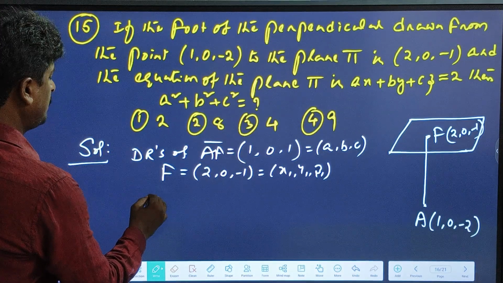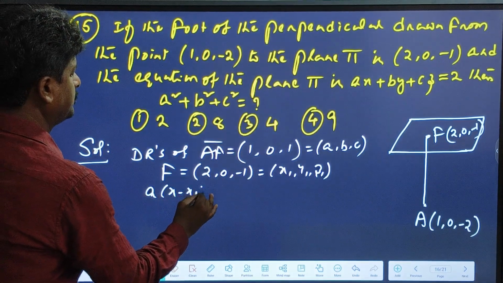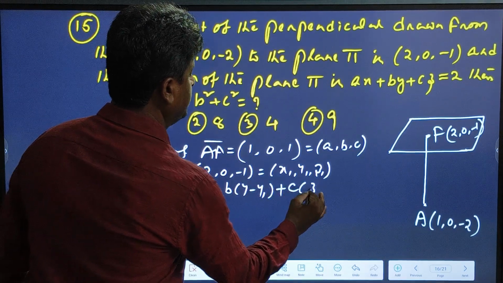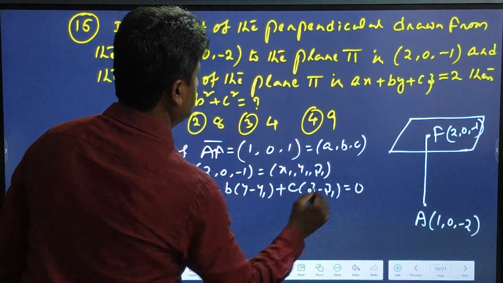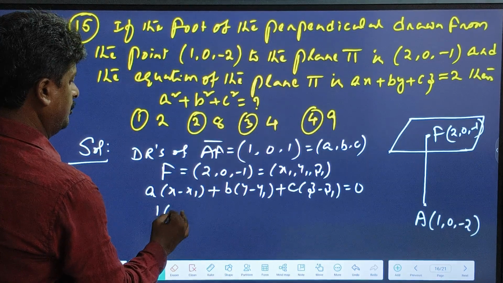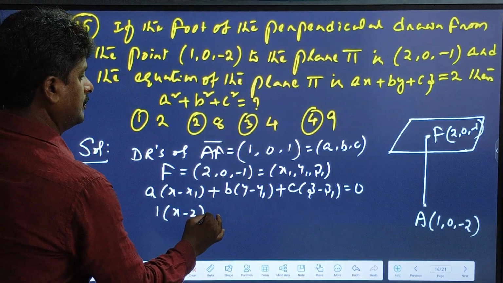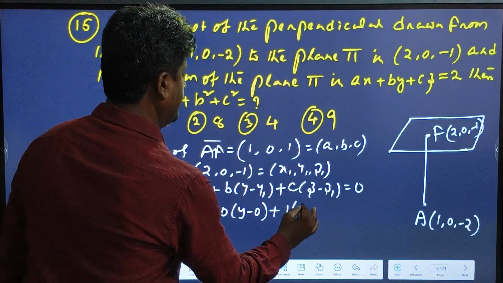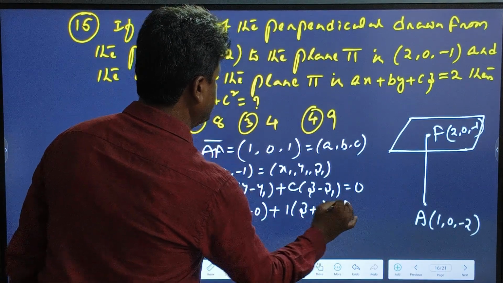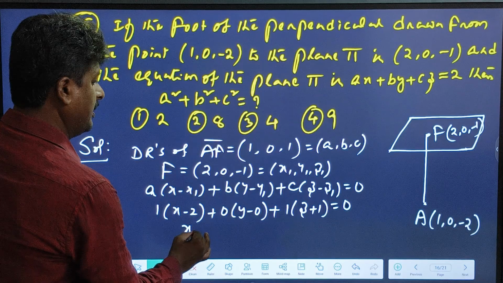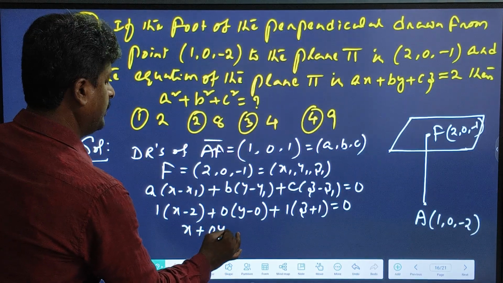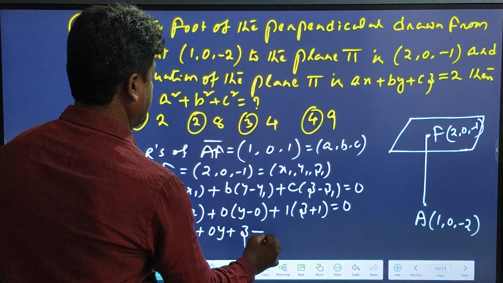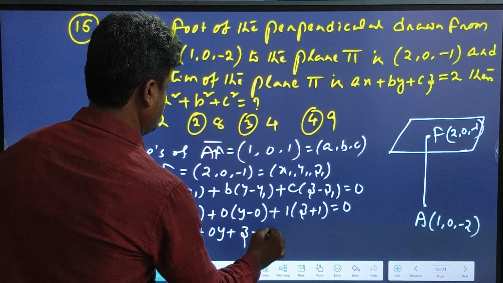Okay, equation is a into x minus x1 plus b into y minus y1 plus c into z minus z1 is equals to 0. 1 into x minus 2 plus 0 into y minus 0 plus 1 into z plus 1 is equals to 0. x plus 0y plus z minus 2 plus 1 minus 1 is equals to 0.